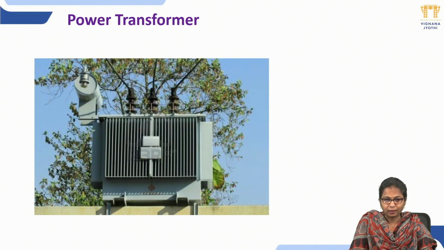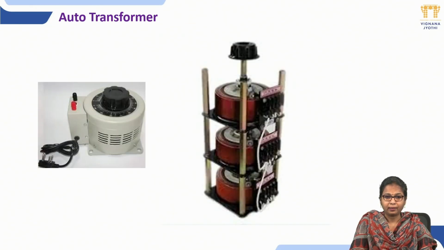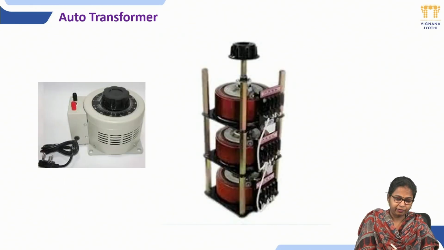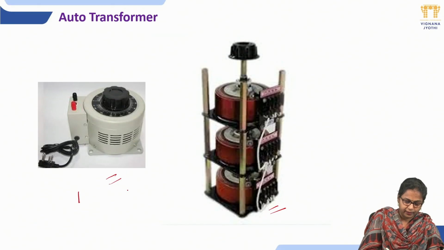This is how a transformer looks, this is how a distribution transformer looks, this is a single phase auto transformer, and this is a three-phase auto transformer, with phases RYB with respect to neutral. Especially when we conduct a load test on a single phase transformer, we use this kind of single phase auto transformer.